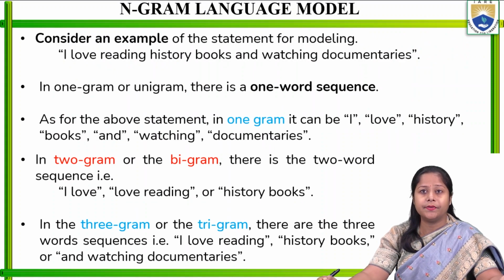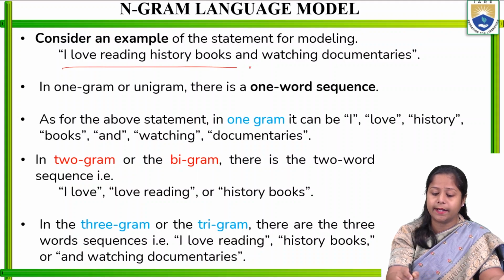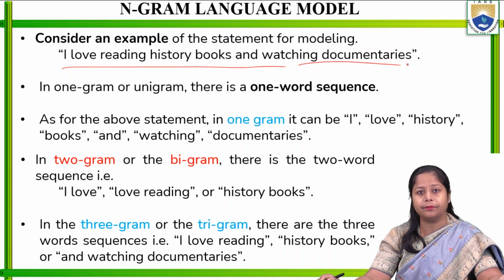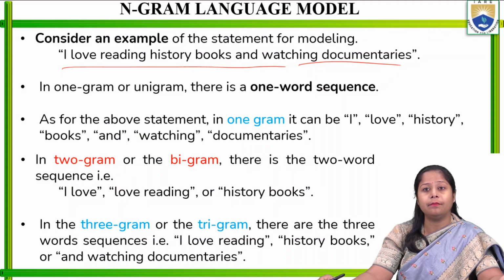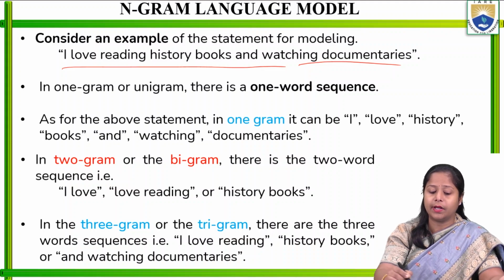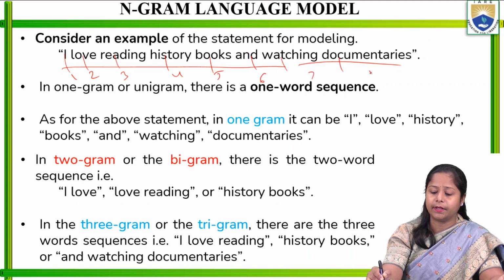Consider an example sentence for modeling: I love reading history books and watching documentary. That is a sentence. In 1-gram, or unigram, there is a 1 word sequence. For the above sentence, in 1-gram, all the different words can be the grams. So how many are there? 1, 2, 3, 4, 5, 6, 7, 8.